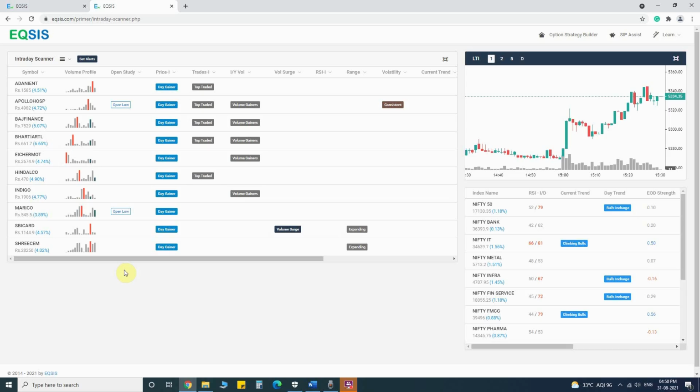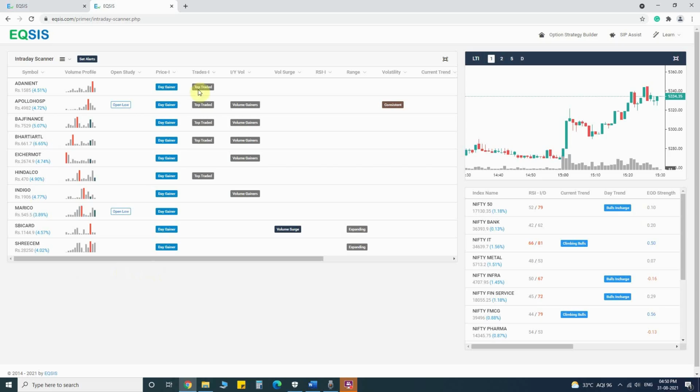So what more can you expect now? With this particular video, you would have got how to use the scanner, what one can expect from the scanner, and what the vision of EQSIS is with respect to this intraday scanner. That's the idea that has been shared now. But the coming videos are going to be one-on-one, explaining the tools.